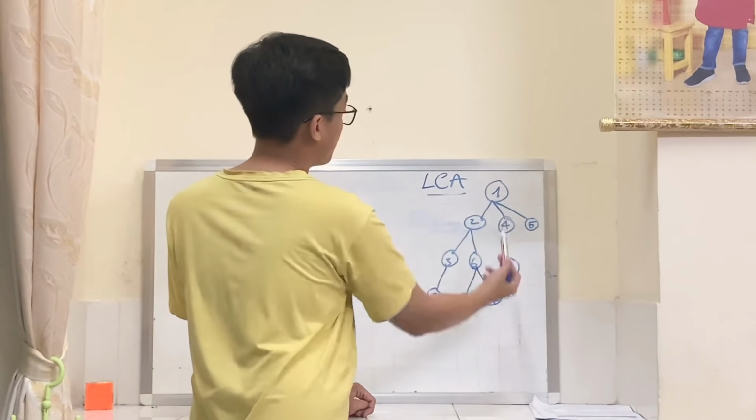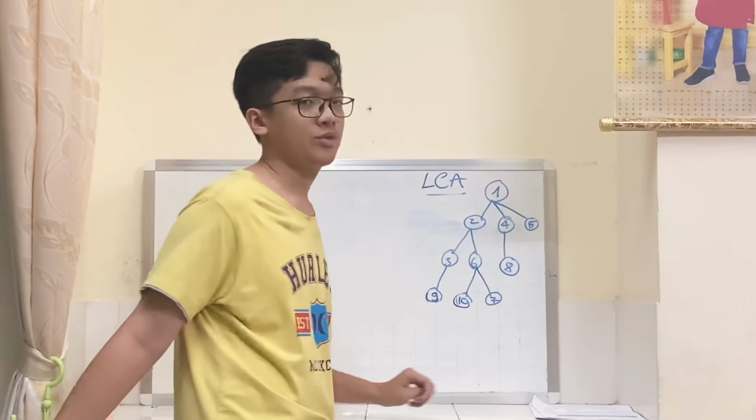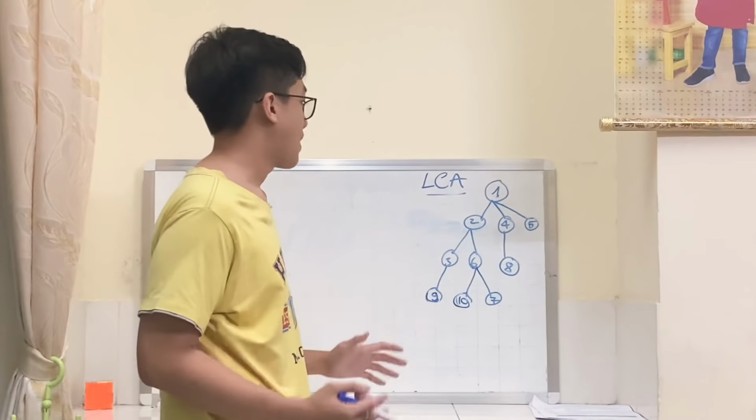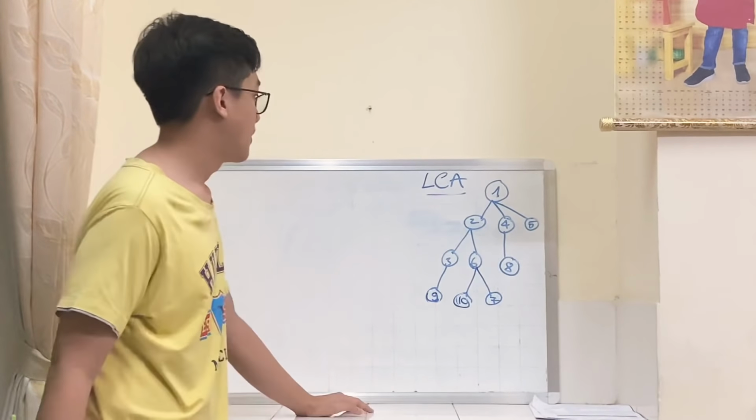So why do you have to find the lowest common ancestor? Because it determines the shortest path from one node to another node. It's not a shortest path, it's the only path.